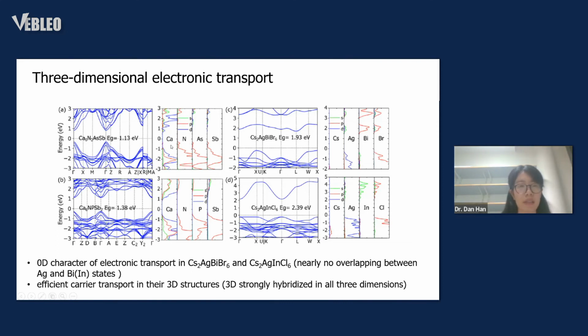So even though the A-site and B-site ordered quaternary antiperovskites show alternating cuboctahedra and octahedra in 3D, they can show efficient carrier transport in their 3D structures, which is quite different from the highlighted double perovskites.